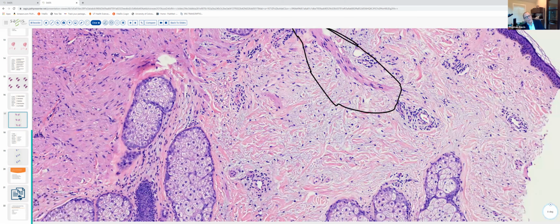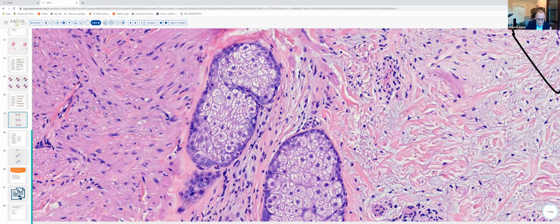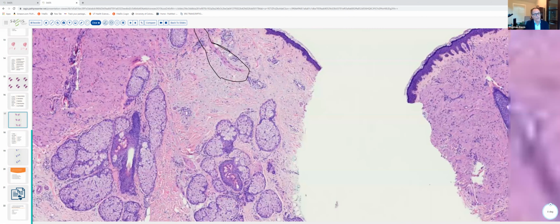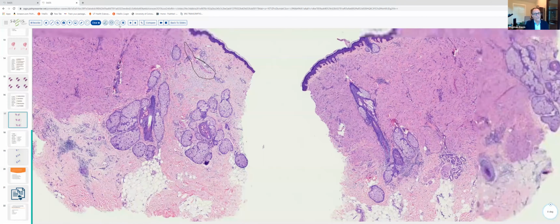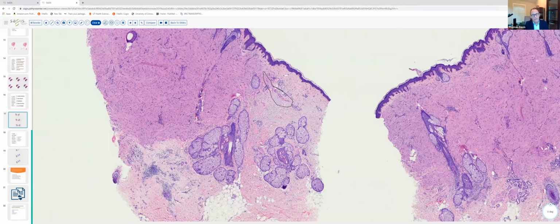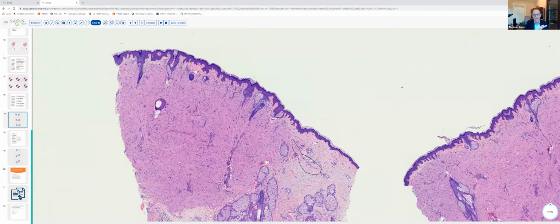So, if you're struggling whether something's neural or smooth muscle, back off, see if you can identify a normal structure that you can use as a gauge or benchmark to help you with histogenesis. So anyway, we could confirm this, of course, with SMA or desmin staining. We really don't need to here. You should be able to recognize a leiomyoma just on the basis of architecture and cytology.